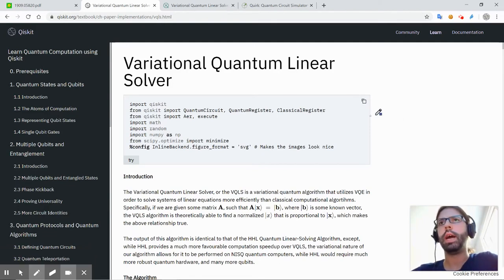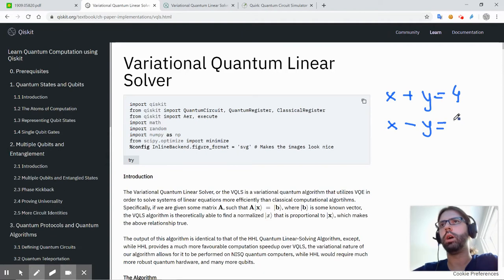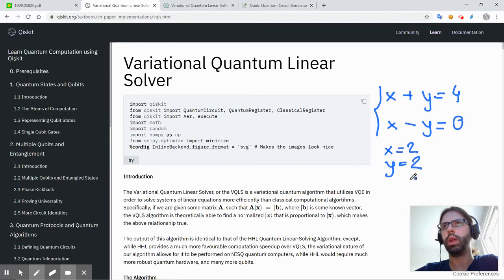The idea that I had was to do x plus y equals 4 and x minus y equals 0, right? So the obvious solution for this system is where x equals 2 and y equals 2, right?